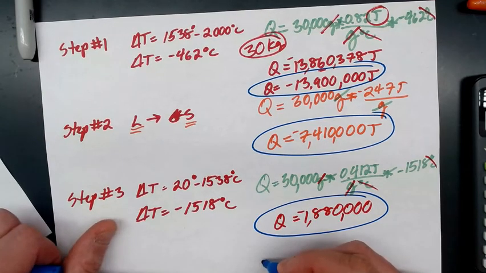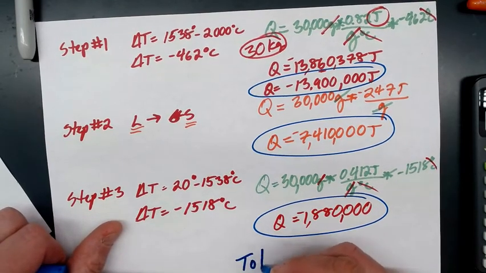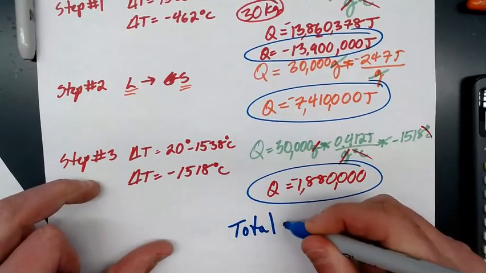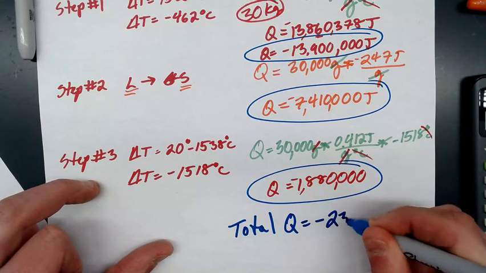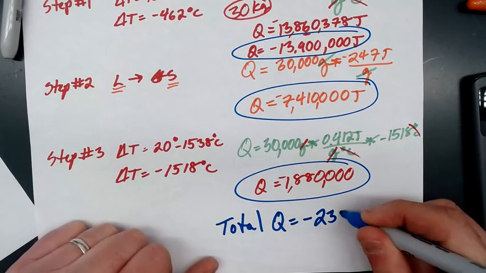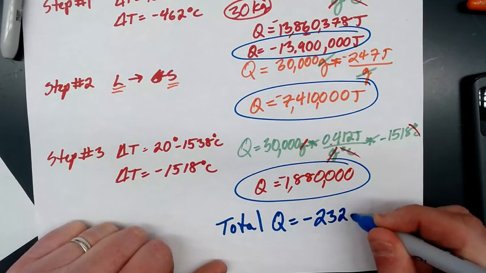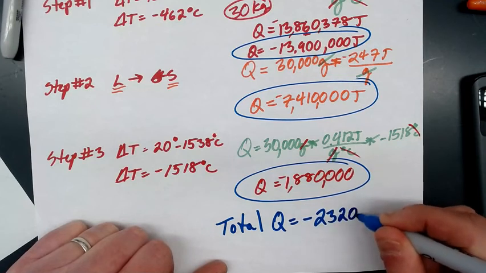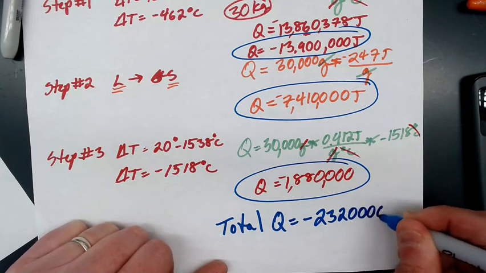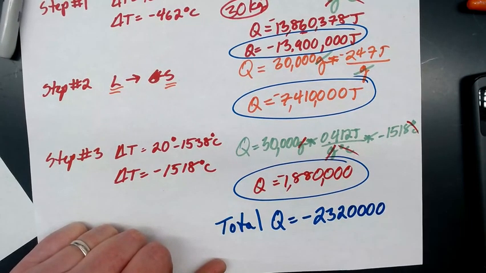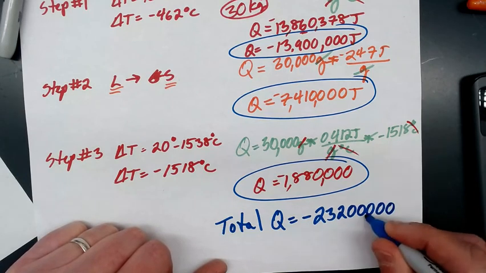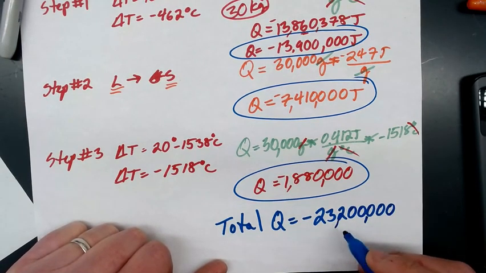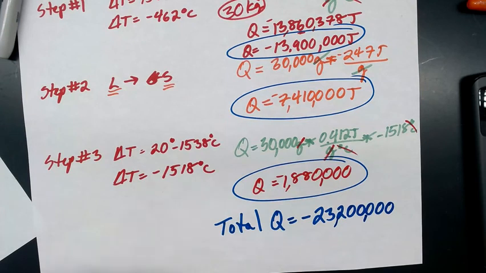All right, so I get total Q equals negative 23,190,000. Let's see, there's my negative 23 million joules.